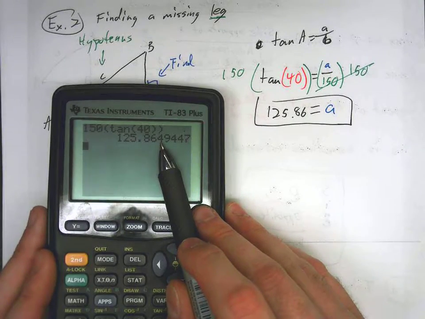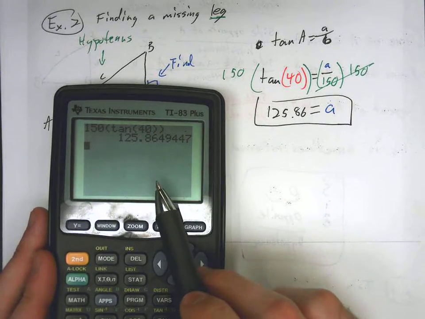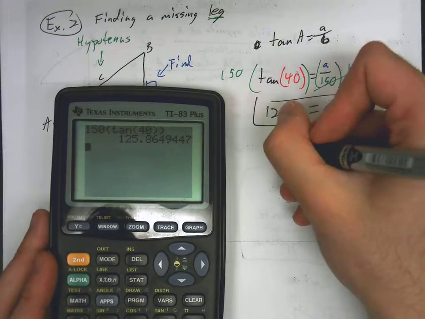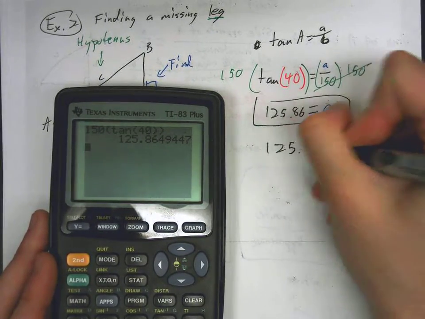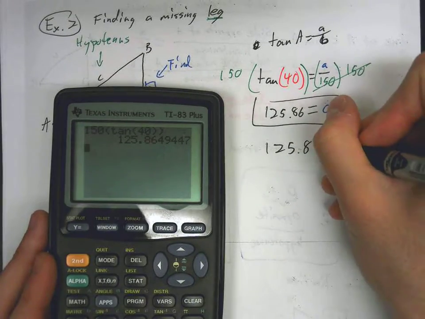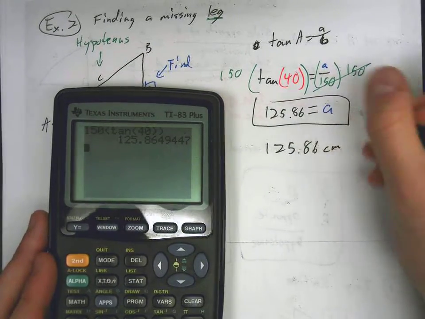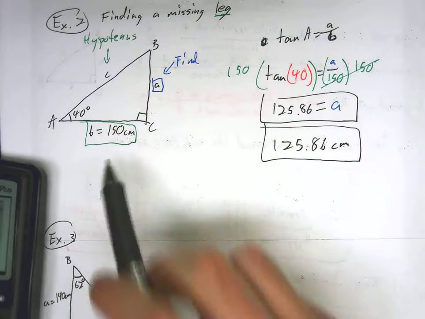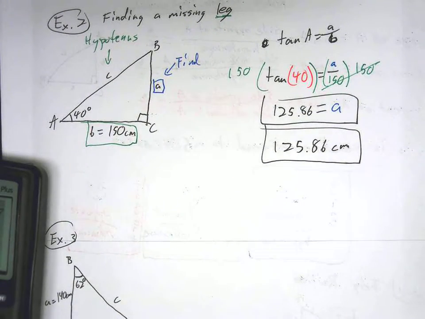It needs to be 5 or higher to round it up, so that stays at a 6 rather than going to 7. So 125.86. And then you always should write down 125.86 centimeters for that side. You don't want to forget the unit, because this one's given to you in centimeters.